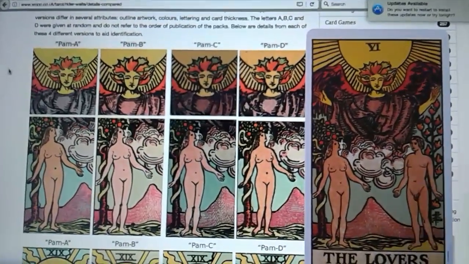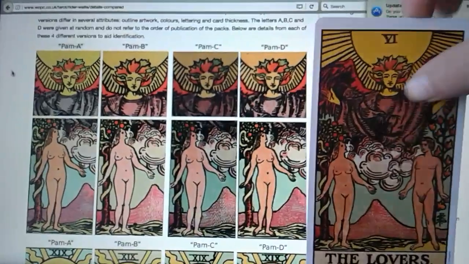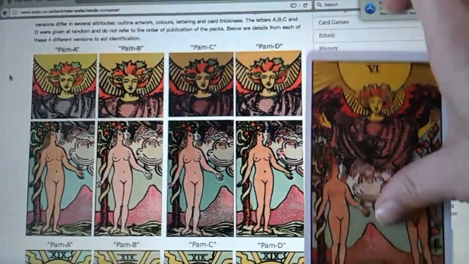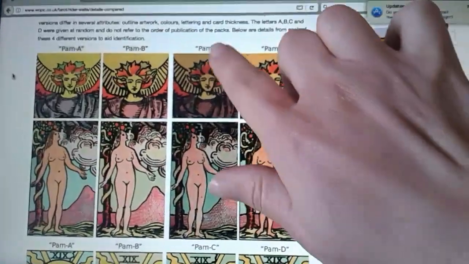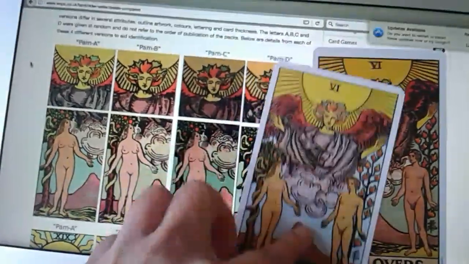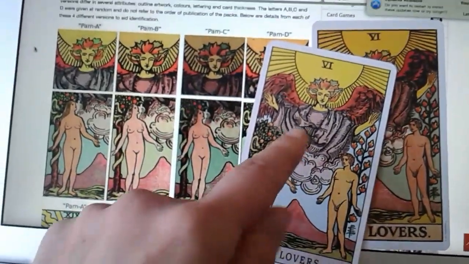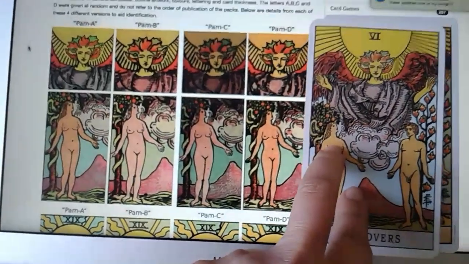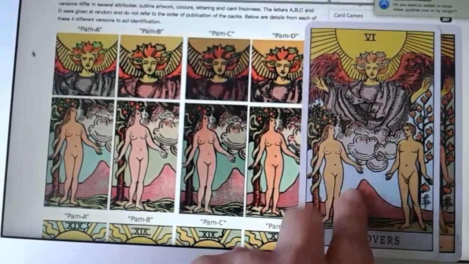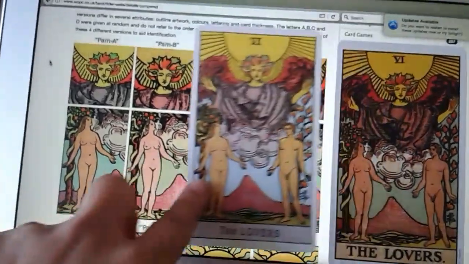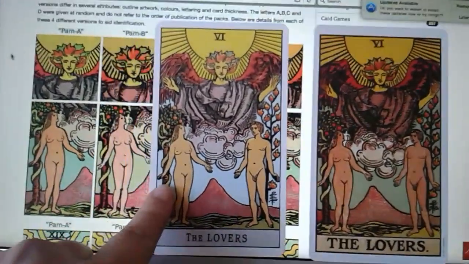So my own current educated guess is that US Games' quote-unquote original 1971 is probably based on this one here, PAM C. And I suspect, just judging on this one here, now whether this is an actual copy I can't say, but I could make an educated guess that if there's any images that this is based on, it would be a PAM A or the first edition. Just judging from, you see there?